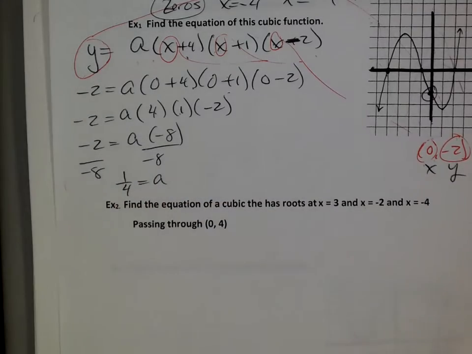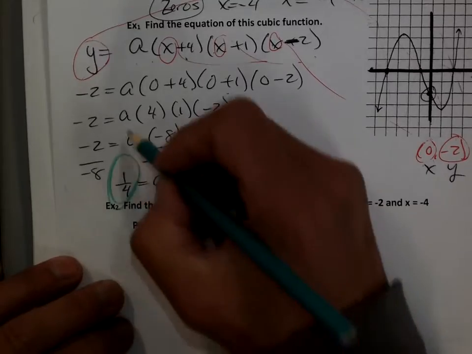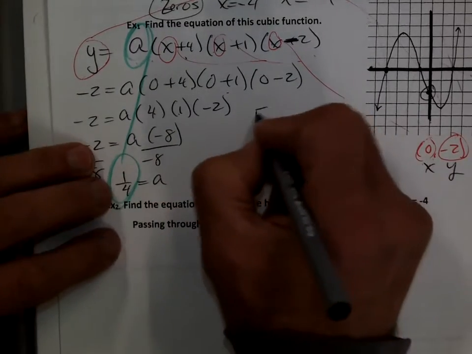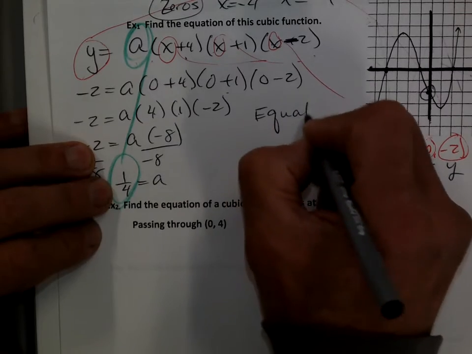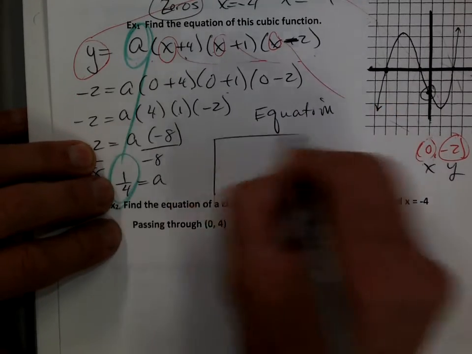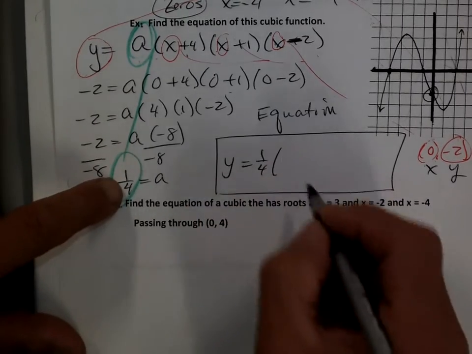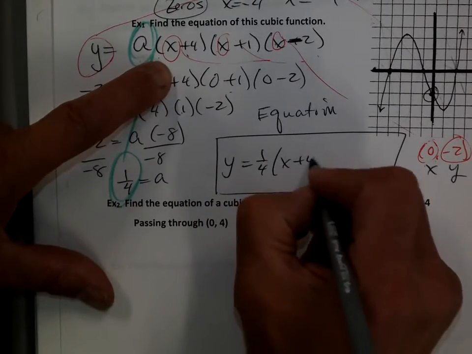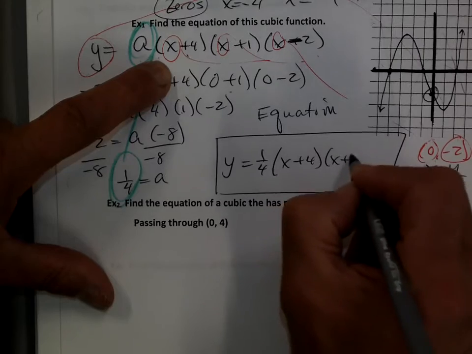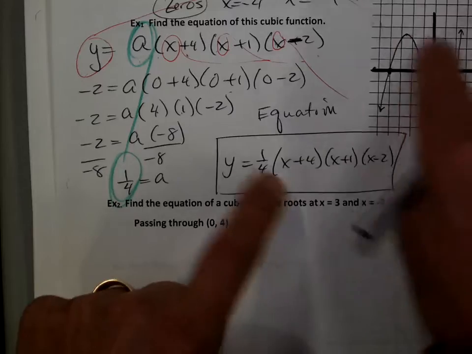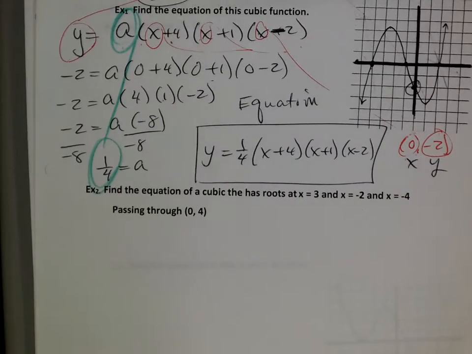Now I'm almost done, because I take this 1/4 and put it right there. So let's rewrite the equation: y equals 1/4 times x plus 4, x plus 1, and x minus 2. And that will be the equation of that cubic function.